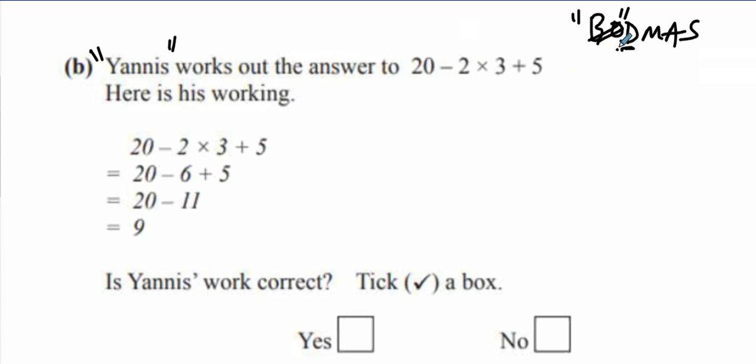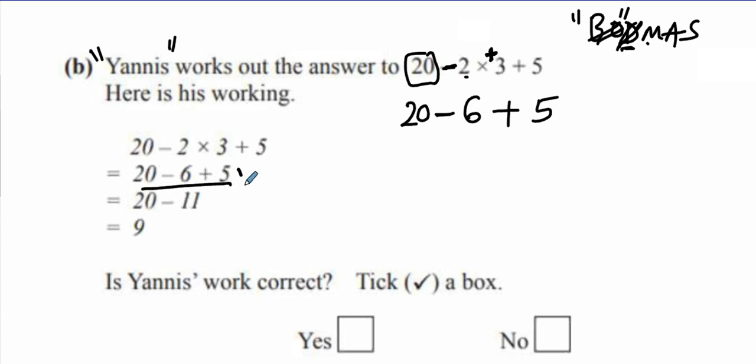Also, there is no division, so you go for multiplication. Now multiplication is negative 2 times positive 3. So you must be very careful there. Negative times positive will be negative. So we have 20 here, and negative times positive is negative. 2 times 3 is 6. Then you add 5. So until here, Eunice is correct.